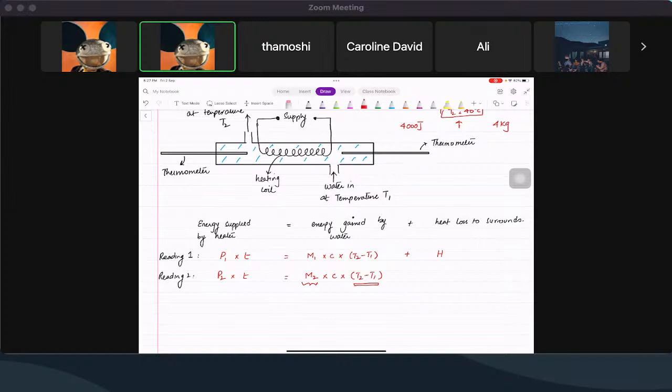Just like if you heat water in a pan, if there is more water, you will have to give it more energy so that it can be heated to the same temperature in the same amount of time. Do you guys understand this? Yes?